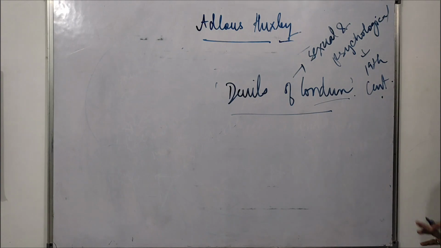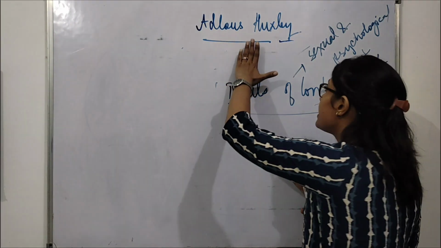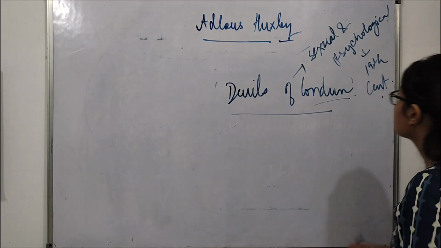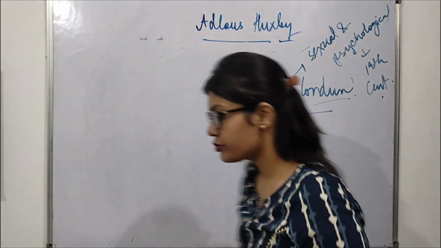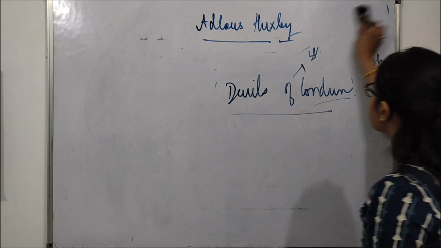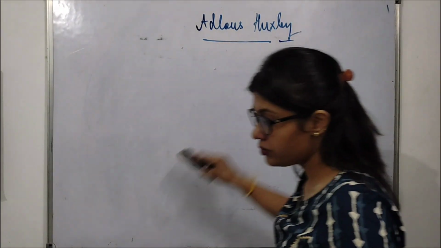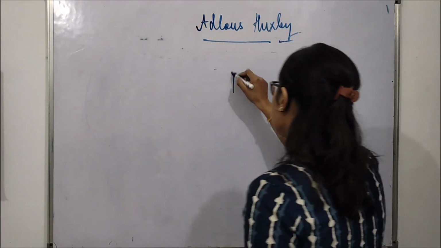That's all you need to know about this book, Devils of London, which is written by Aldous Huxley. It talks about the sexual and psychological trauma and exploitation of people that happened in the 19th century. The next book that we are going to talk about is Doors of Perception.